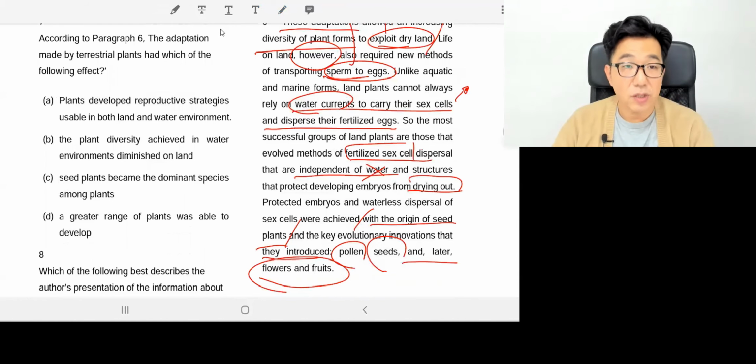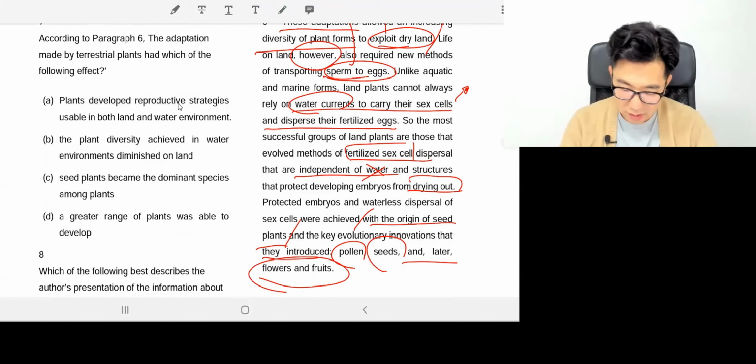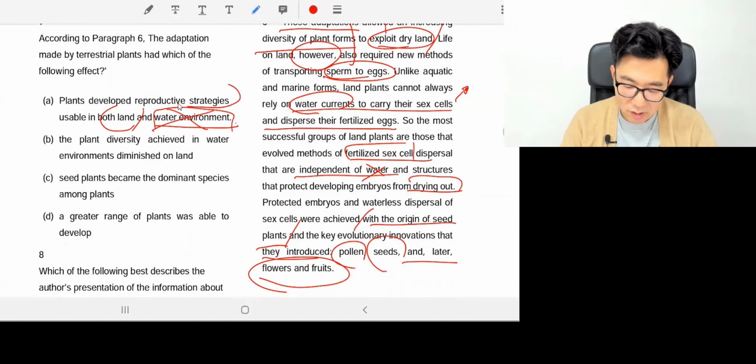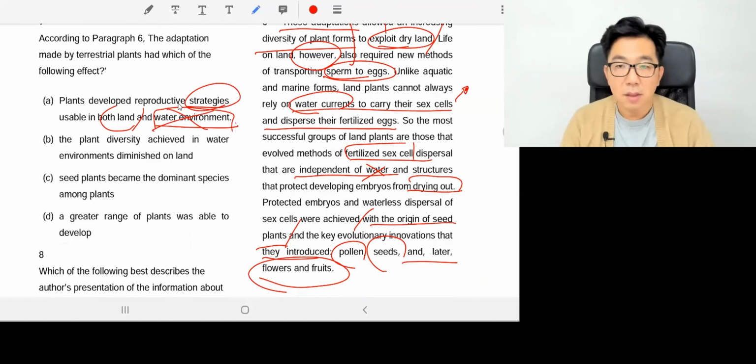Question 7. According to paragraph 6, the adaptation made by terrestrial plants had which of the following effects? A: Plants developed reproductive strategies usable in both land and water. Both land and water? You're living on land. Why are you having a meeting to reproduce in the water?